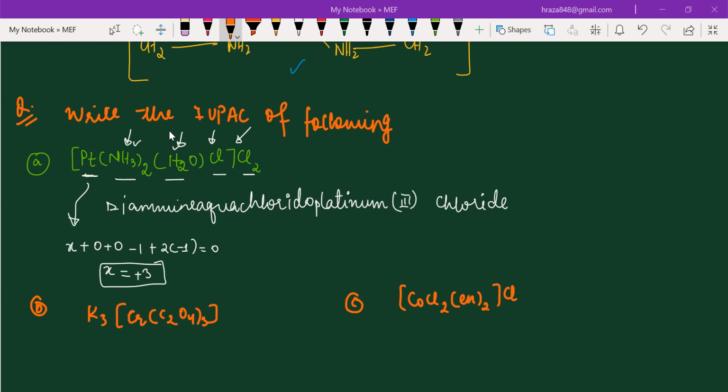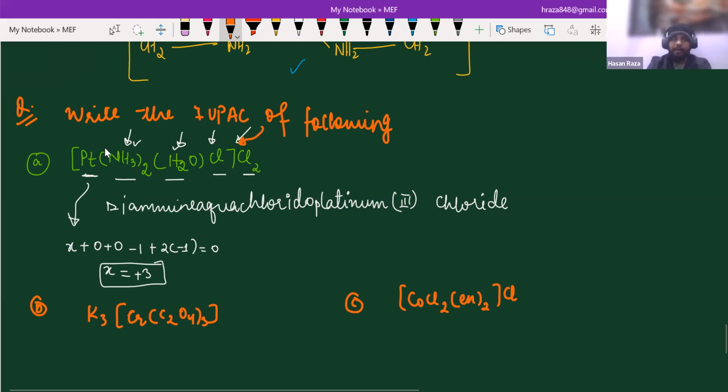Sir, in the first question A, the one we did, diamine chloridoplatinum, what if the oxidation number is negative? Then what do we write for the 3? If there is any negative charge on the square bracket, then only this differs. The name of the platinum will become platinate.